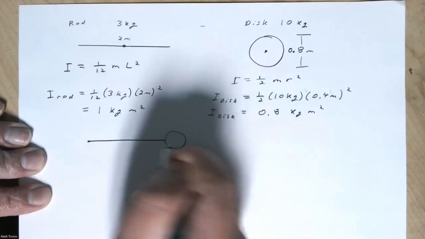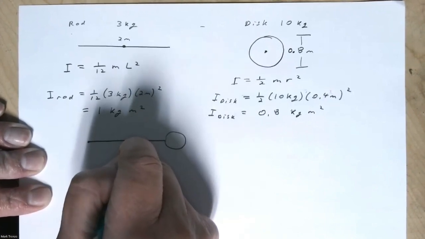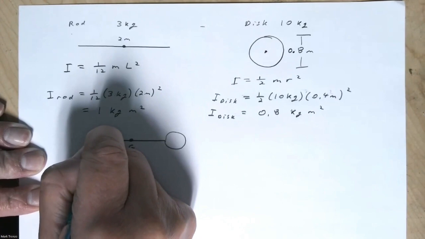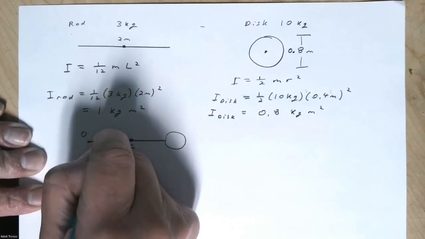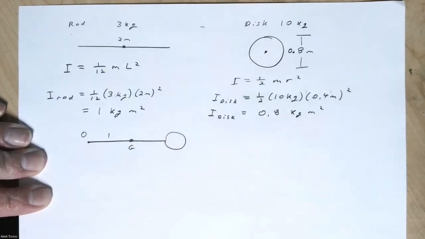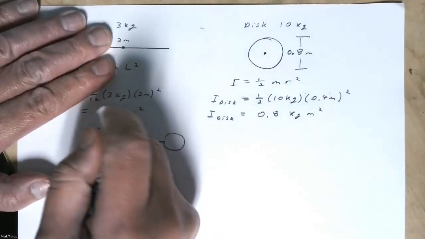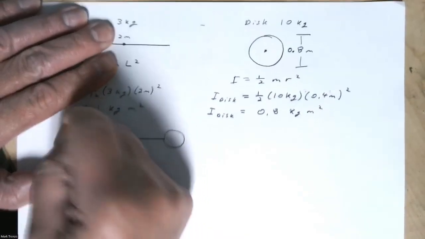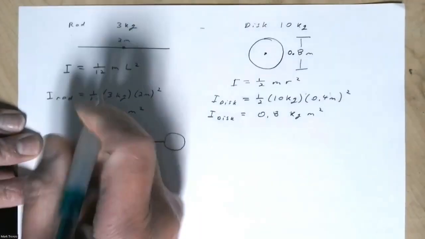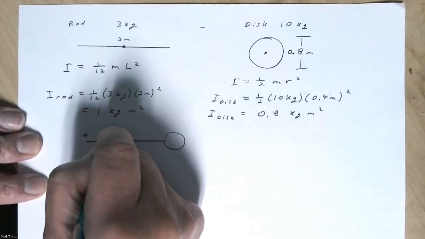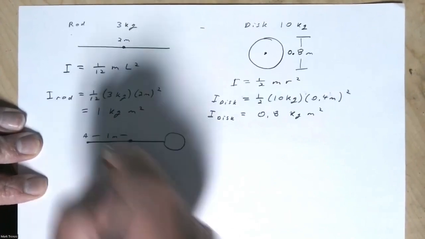And again, the mass moment of the rod is going to be like 1 meter about the center of rotation. I guess they're calling the center of rotation in this problem A. So it's going to be 1 meter.